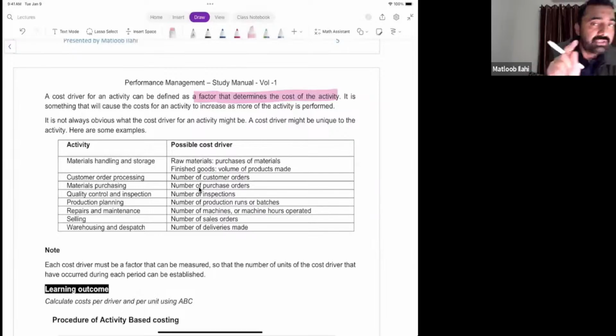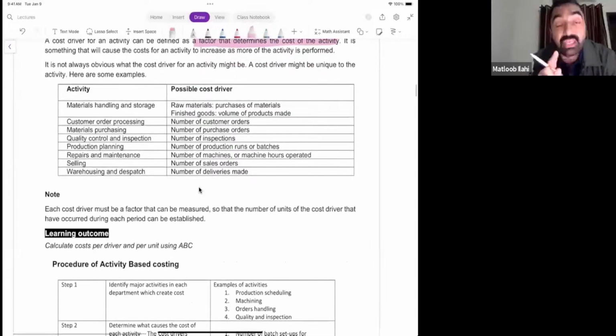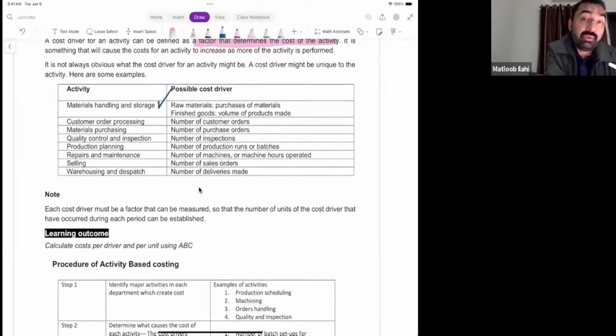So here are a few examples of cost drivers to make things easy for you. For example, the activity is material handling and storage. What can be its suitable cost driver? Its suitable cost driver can be raw material purchases or volume of products made.